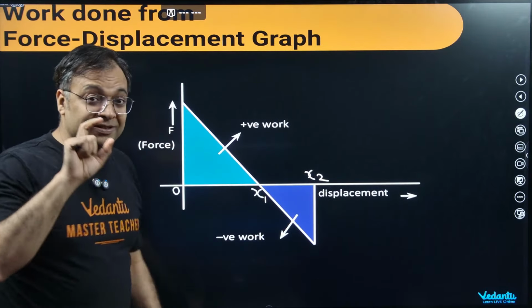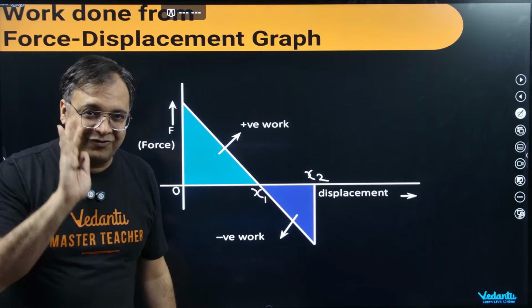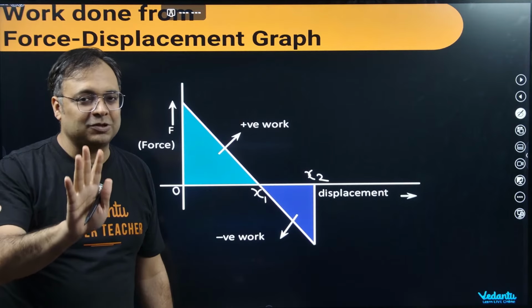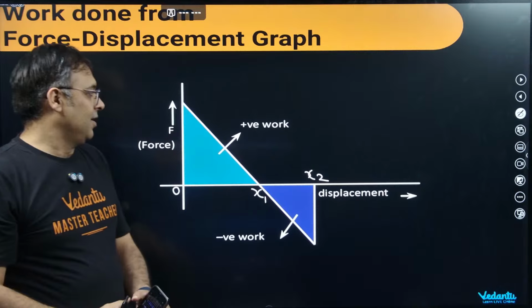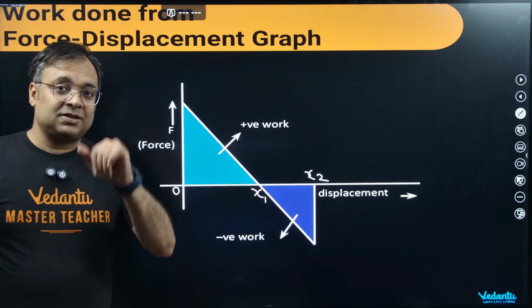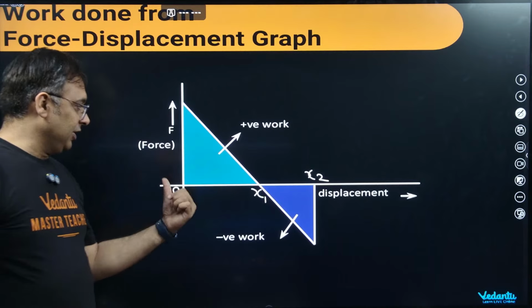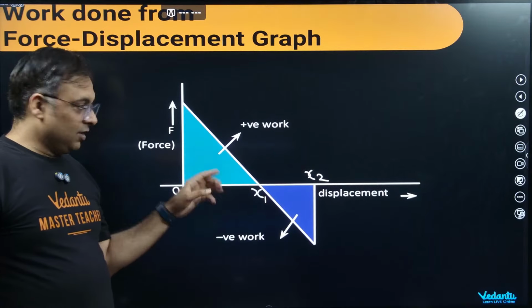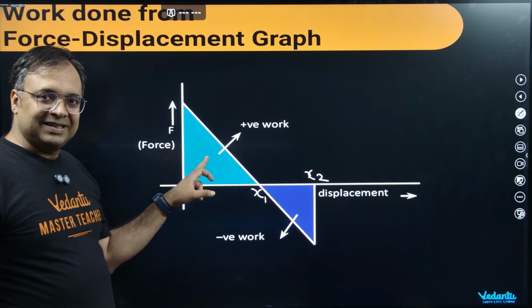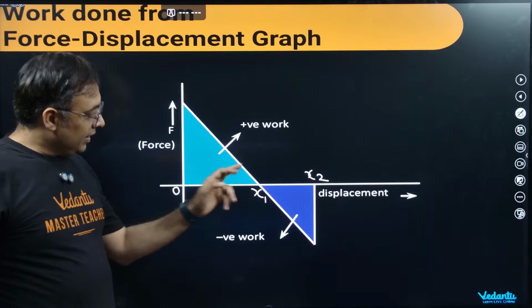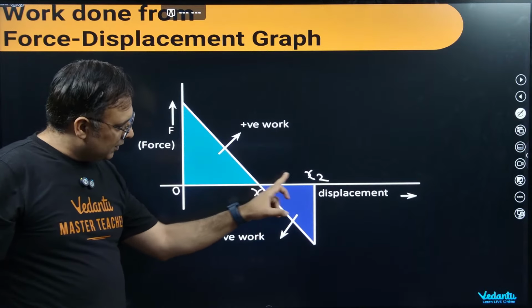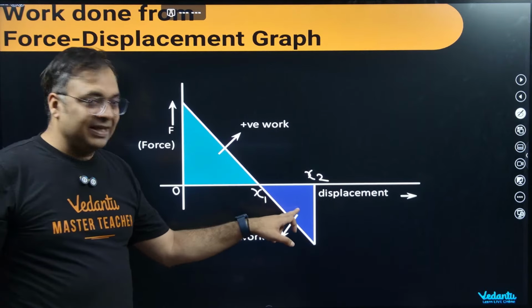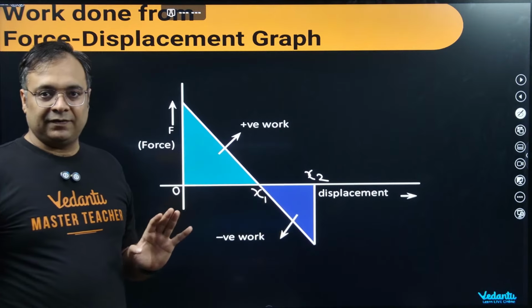Please listen to my few lines very carefully, because otherwise there is a possibility of making a mistake. If the limits are from 0 to x1 in this example, the area above the x-axis is positive. If the limits are from x1 to x2, then the area below the x-axis is negative.